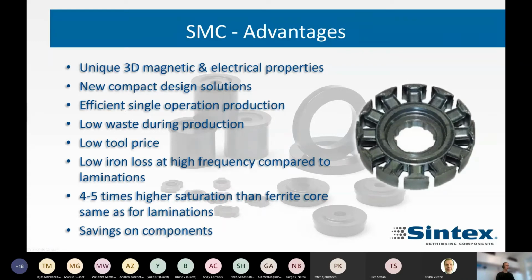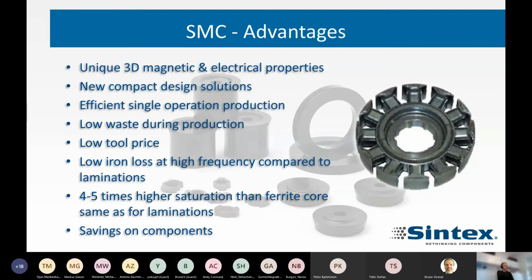Compared again to laminations, for example, where you have to stack them and interlock and so on, there's low waste. We usually have a few percent powder loss during production, and it's a quite low price for the tool compared to a lamination tool.